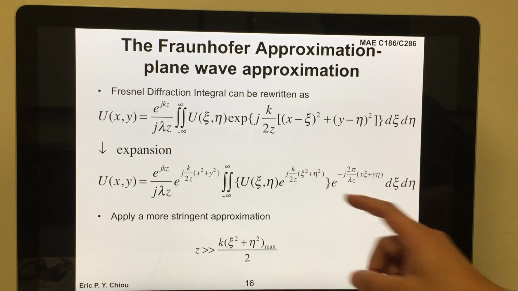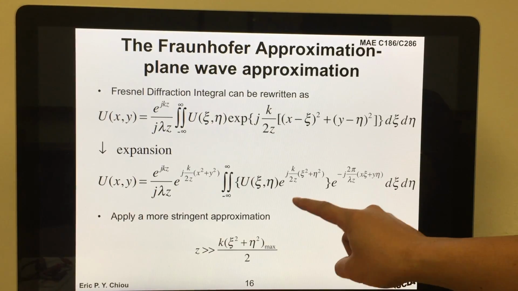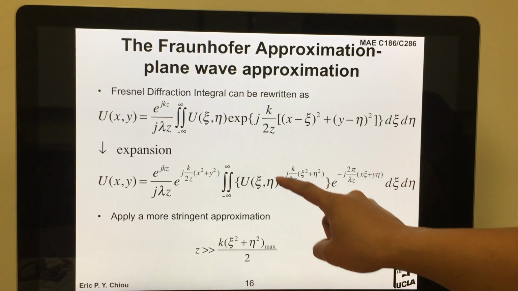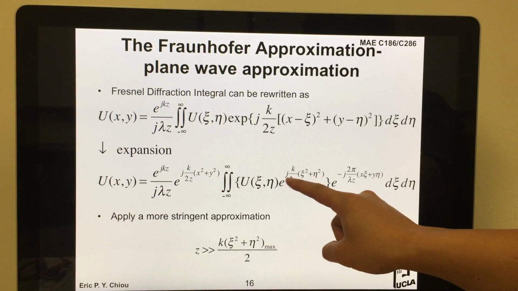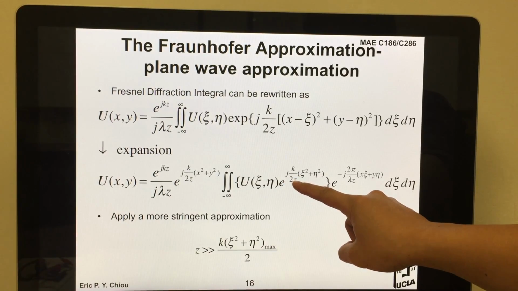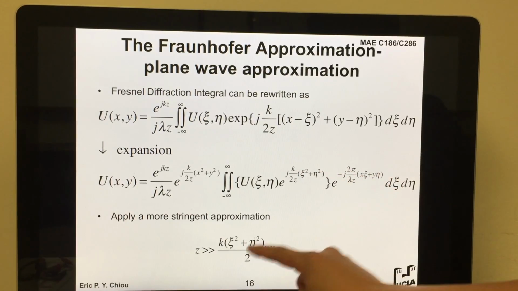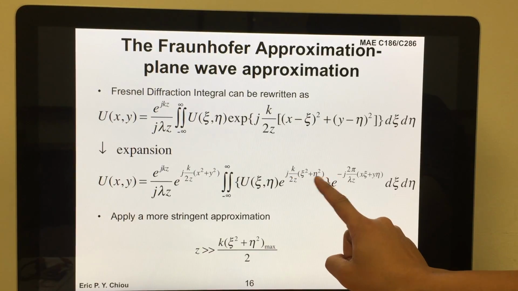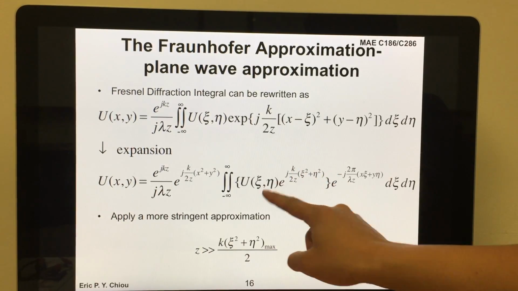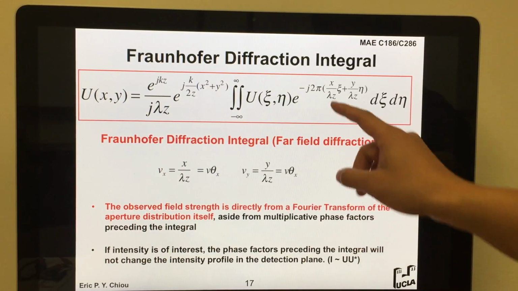The approximation we want to make here is that if the distance at which you observe the pattern is very far, meaning z is very large, this term can become 0, which requires z to be a lot bigger than this. If this becomes 0, then you get a very nice form which looks like this.